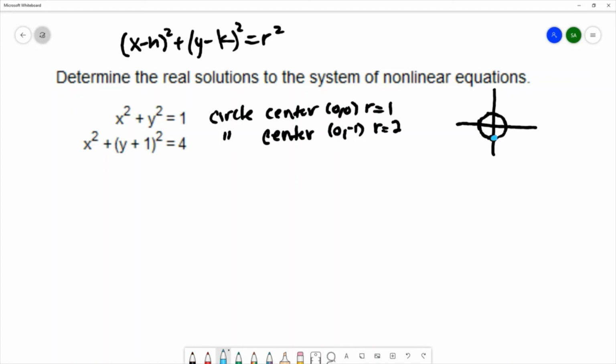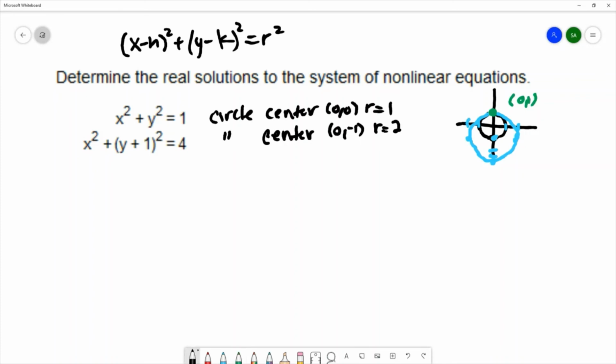So there's my center at 0, negative 1 with radius 2, so I go 2 up, 2 down, 2 right, and 2 left. I would get a circle that looks like this. And it looks like, to me, I can see just one intersection point there at the ordered pair 0, 1. So I think that's going to be my solution, but I'm going to solve this algebraically instead of graphically.